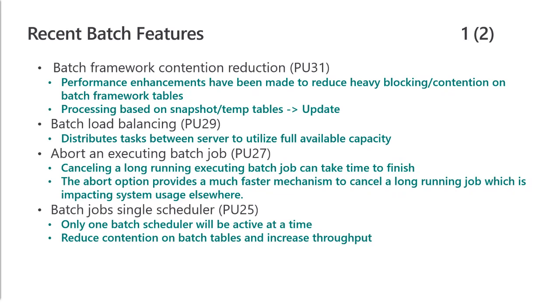This should work in most scenarios, but it's also important to be aware that this is something you shouldn't do without understanding the implications of aborting a batch job. Depending on what the batch job is actually doing and at what time you would abort it, this could lead to data corruption. So it's important to be aware of the implications of aborting an executing batch job.